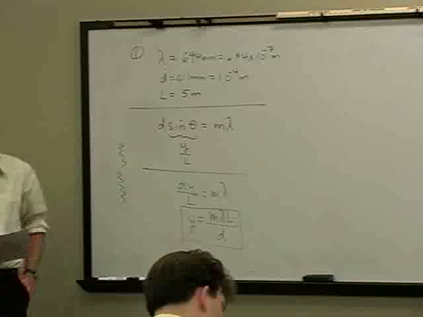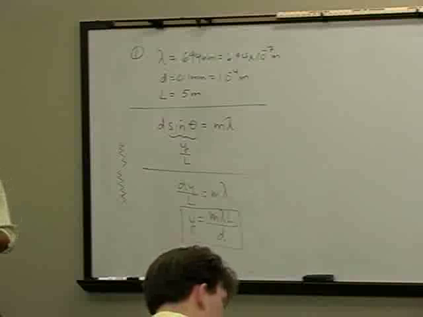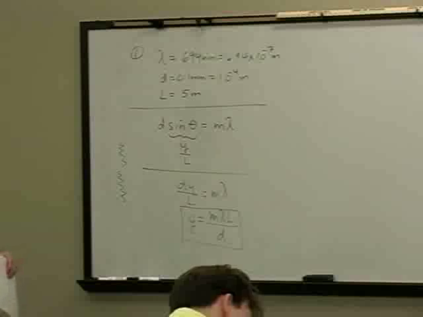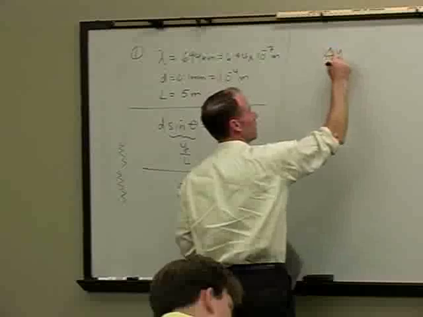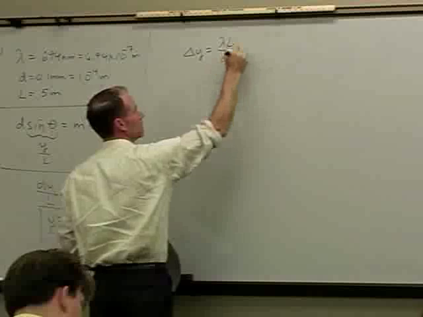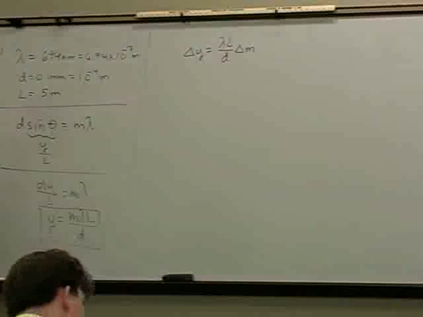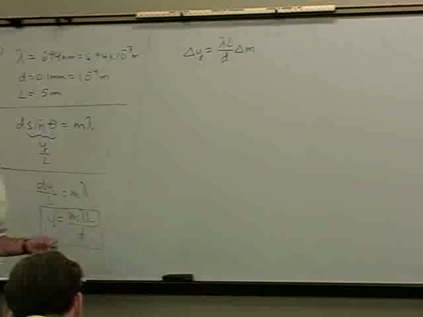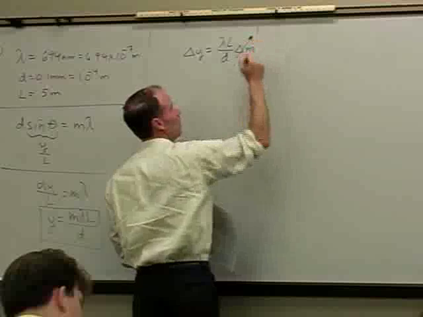In this case, the question is, how far apart are those bright interference fringes? So we want to find the spacing between successive bright interference fringes. So we'd want delta y, which would be equal to lambda L over d times delta n for successive interference fringes. But delta n would be what? 1. Because you're going from 4 to 5 or 5 to 6 or whatever. So that's going to be 1.